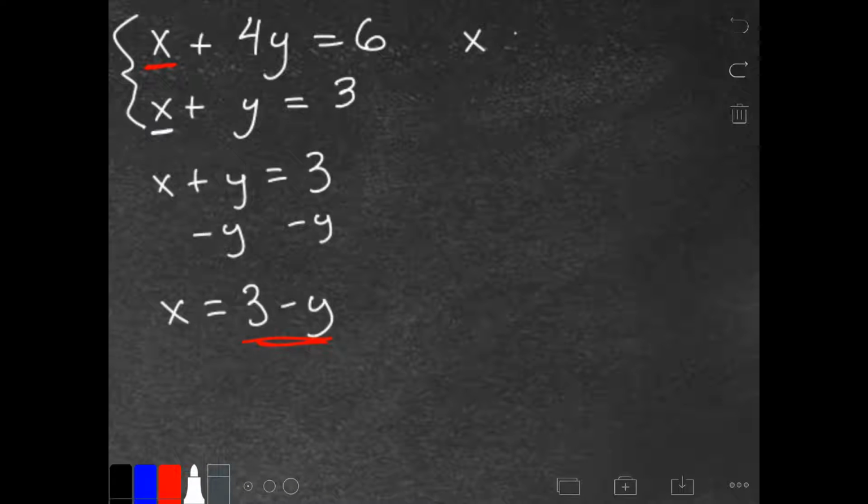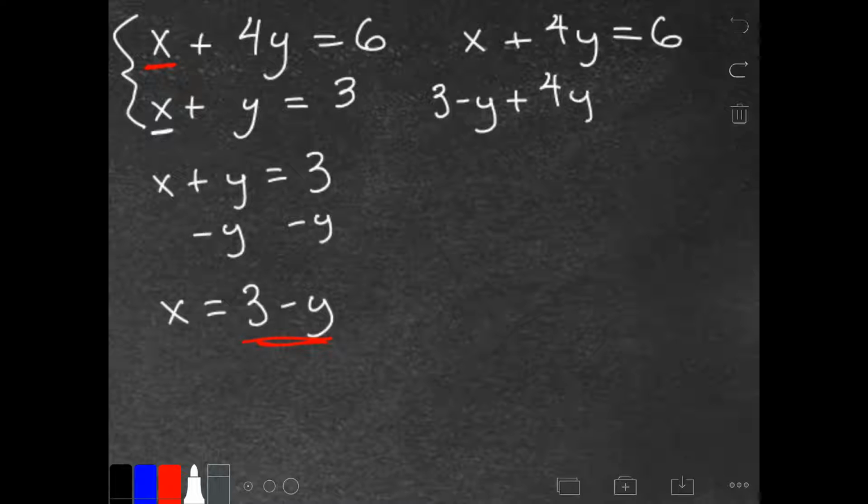So x plus 4y equals 6. Instead of x, I can write 3 minus y plus 4y equals 6. I already have the variables collected to one side, so let's go ahead and combine like terms.